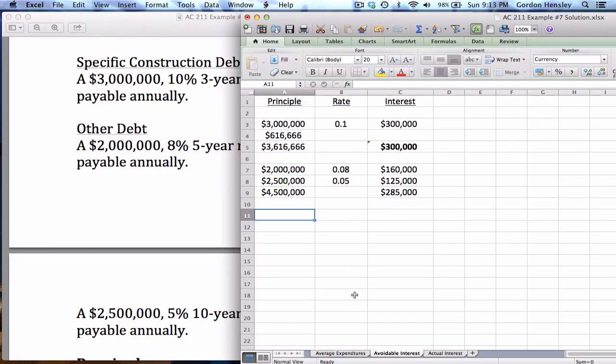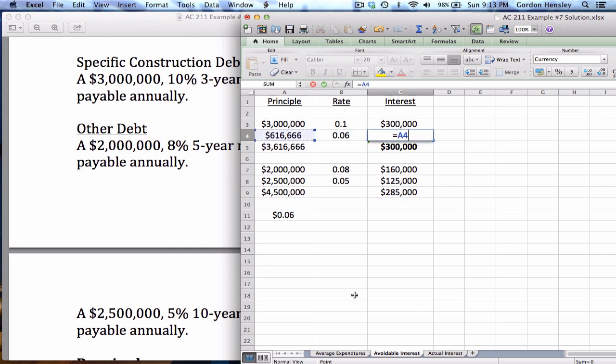Now I'm ready to calculate the average interest rate. To do so, I will take the total interest here and divide it by the total principal from here. And that gives me 0.06. So 6% will be that average rate. So I will put 0.06 right here, so that way I can use that as the interest rate on that average amount.